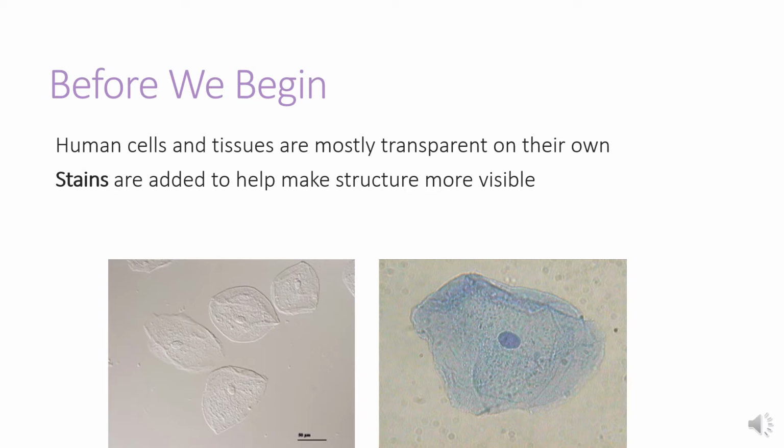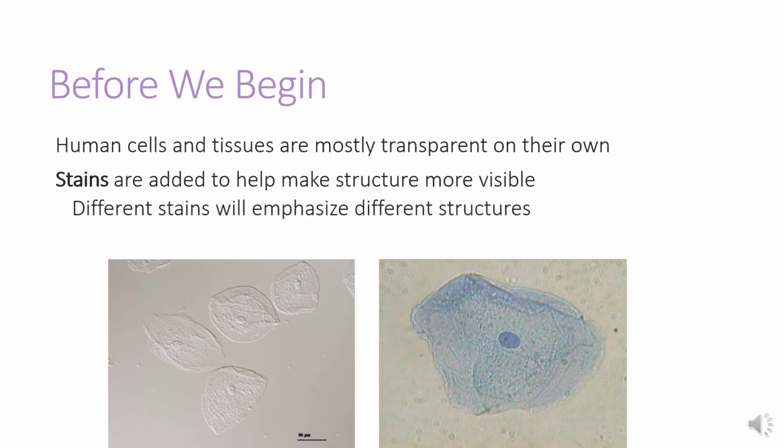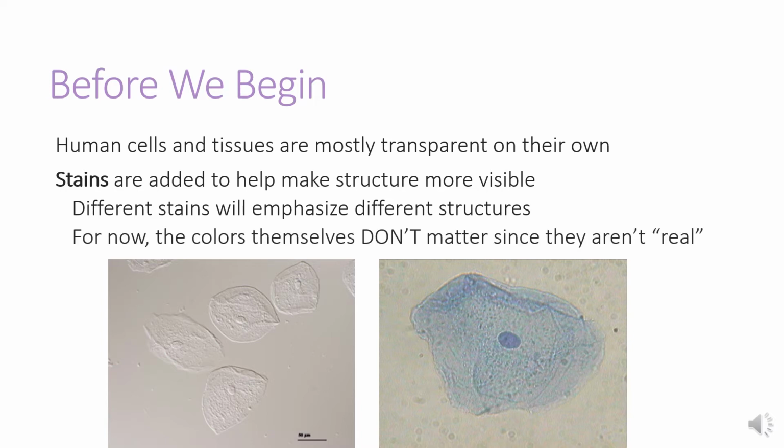So, all of the images we're going to be looking at for our tissues and cells are going to have a lot of colors in there. And those colors are really meant to emphasize different structures in those cells. But the colors themselves don't actually matter since they aren't real components of the cell. They're a dye added to help us see different structures.